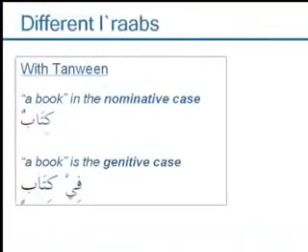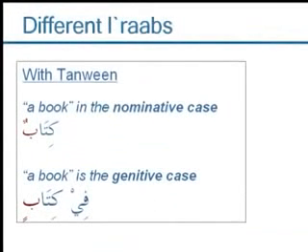One of them is the tanween. So here we have a word kitab, which means a book, but we've got kitabun, and down the bottom we've got fi kitabin. So the first one, kitabun, is in the nominative case. So in that case, kitabun is not an object. Okay? So it's probably the subject of the sentence.